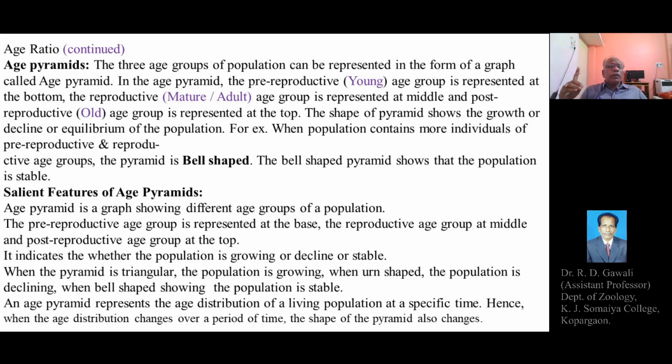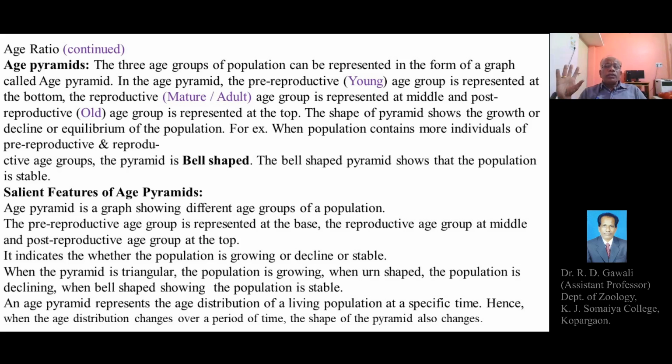When the pyramid is triangular, the population is growing, indicating that the number of individuals in a population is growing or increasing.